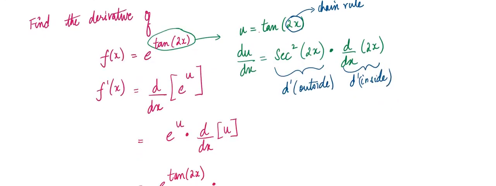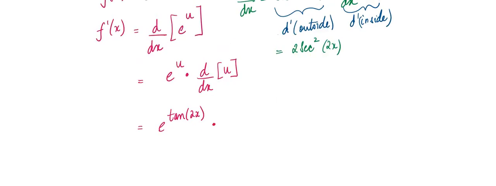Okay. So let's clean that up. Derivative of 2x is 2. So I'm going to write that as 2 secant squared 2x. Agreed? And that is what I'm going to bring out here into this step, because the step is asking us to find the derivative of u with respect to x. And we got that to be 2 secant squared 2x.